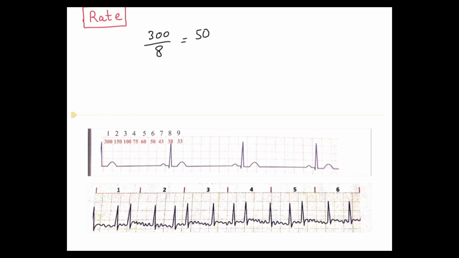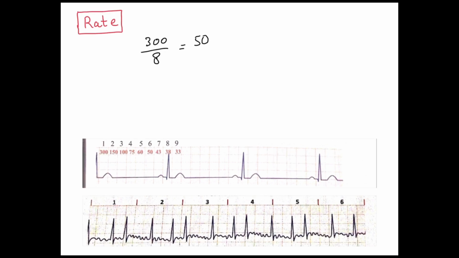And moving on to the next one, we can see that the R peaks are not equidistant. So we can use the other formula, which is to calculate the number of R peaks in 30 boxes, or we can say in the 6-second lead, and multiply it by 10.